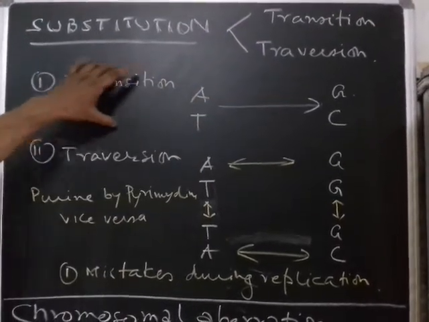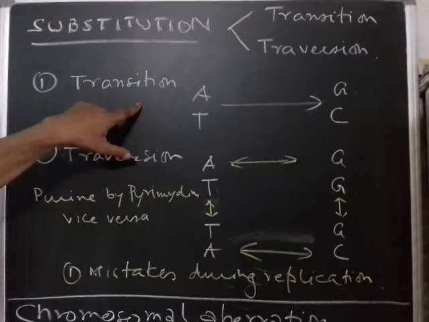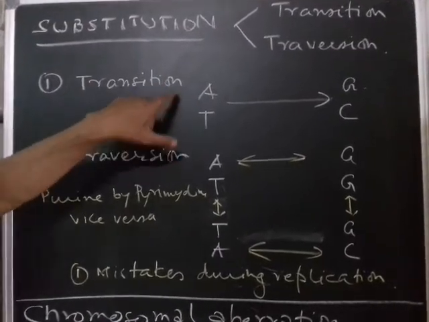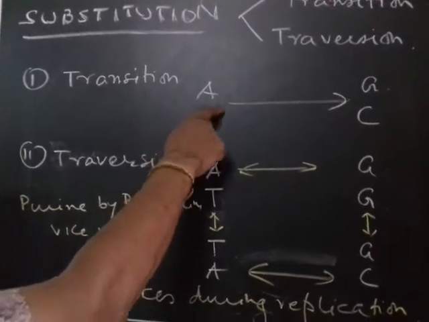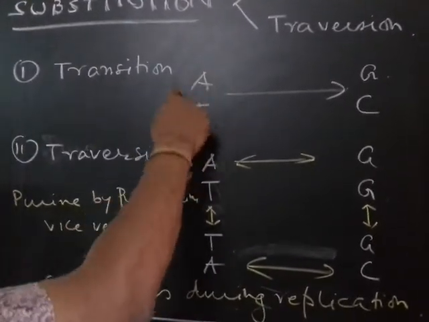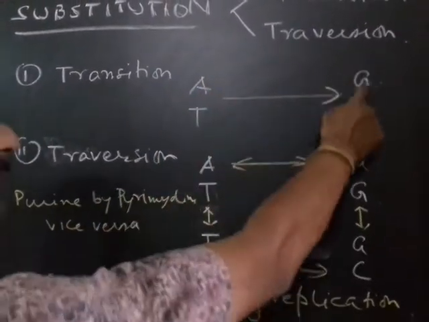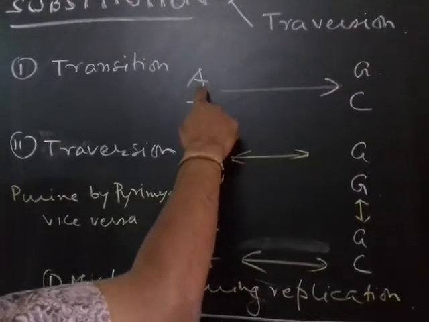Now, transition is that if a purine is replaced by a wrong purine. Suppose during the replication of the DNA, instead of A, which is a purine, G, another purine, is wrongly copied.